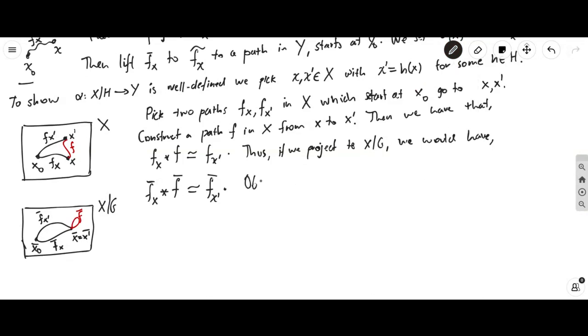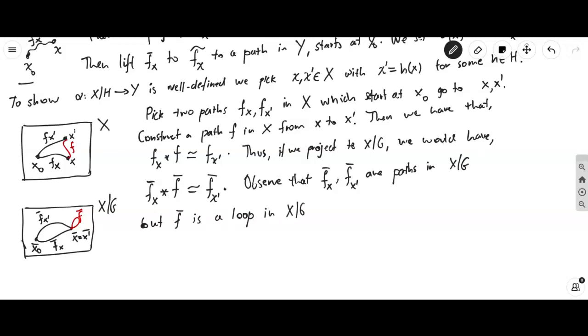So now observe that fx bar and fx prime bar are paths in the quotient. However, the other one, f bar, is a loop in the quotient.